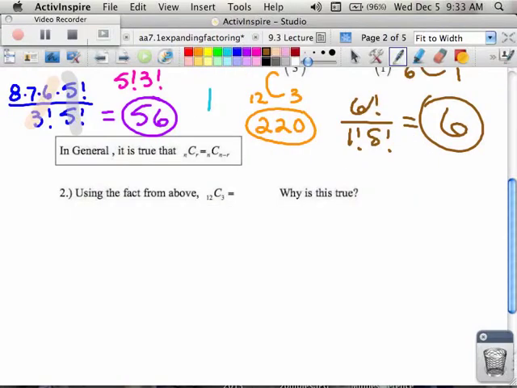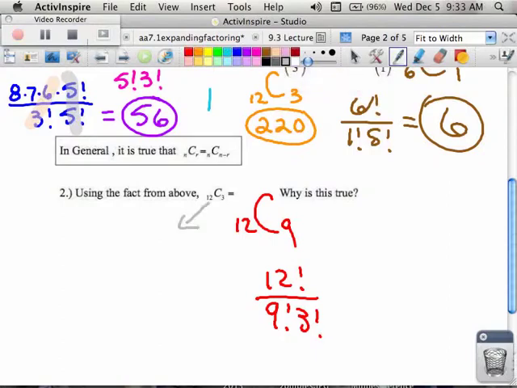In the next part, it's just a fun fact. 12C3 is the same as 12C9. Why? 12C9 is 12 factorial over 9 factorial, 3 factorial, and 12C3 is 12 factorial over 3 factorial, 9 factorial.